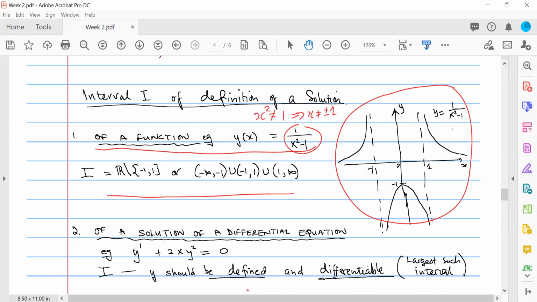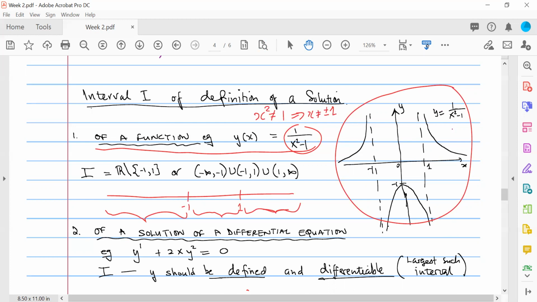So x squared should not be equal to 1 for this function to be defined. So we take out the points -1 and 1. What happens now is we have this sub-interval from -infinity to -1, followed by that sub-interval, followed by that sub-interval.